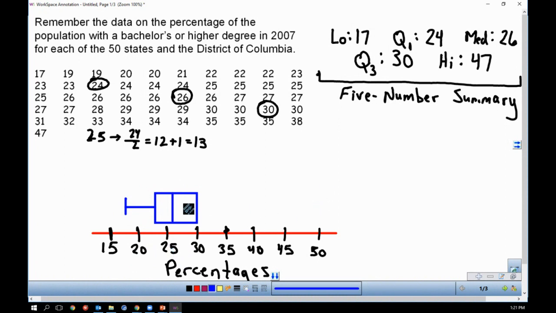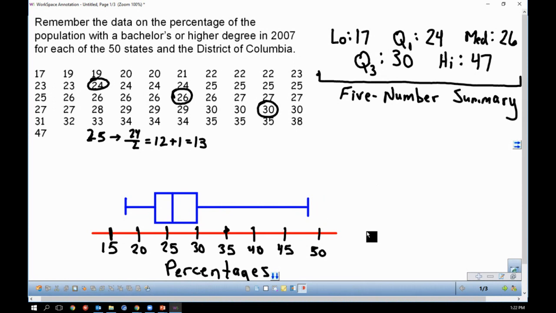And then on the high side, I have to draw one all the way out to 47. Here we go. Okay, so that's all there is to a box plot.